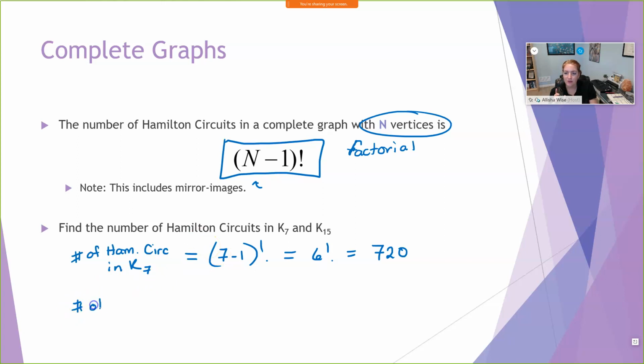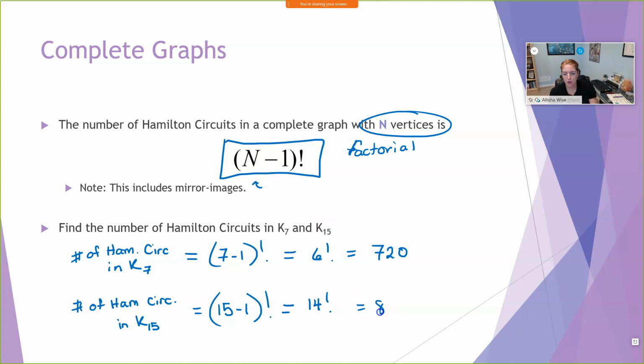So number of Hamilton circuits in K15. What did we find for that? 15 minus 1 factorial. This is probably going to be the easiest calculation you've ever done in your life, right? 14 factorial. Now, if we do 14 factorial, it's going to give us a huge number.